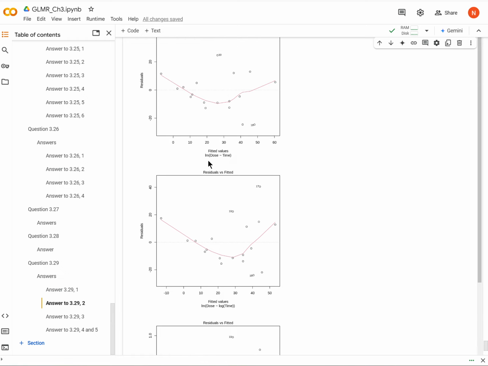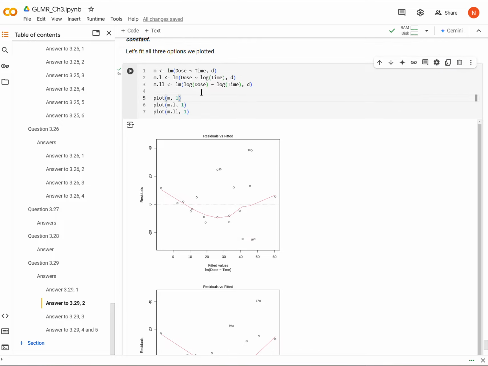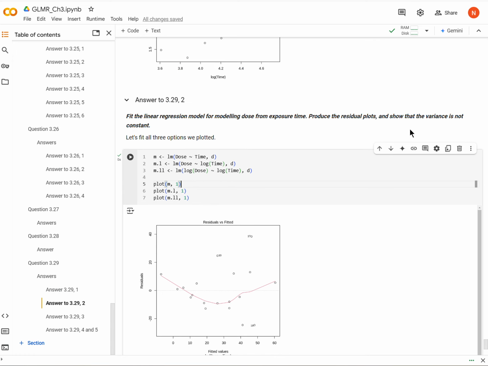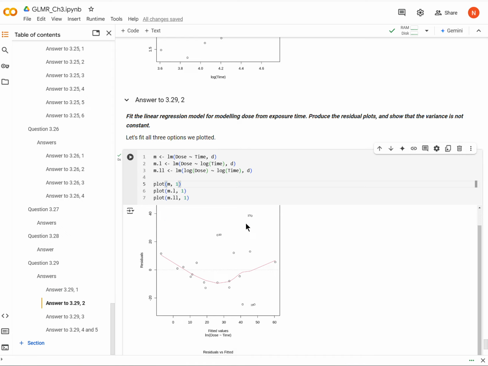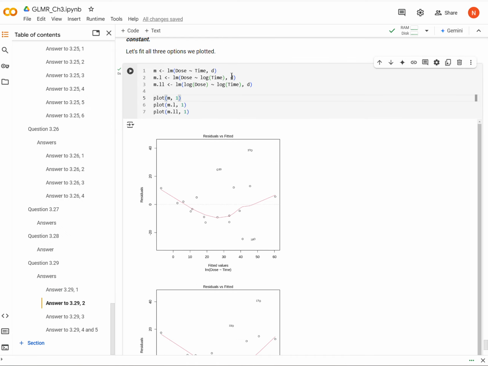Now, by the instructions, we're supposed to eyeball this and show that the variance is not constant, or at least that's how I read that. And I would agree that it seems that there's some heteroskedasticity taking place here.